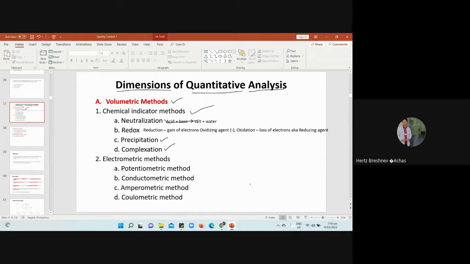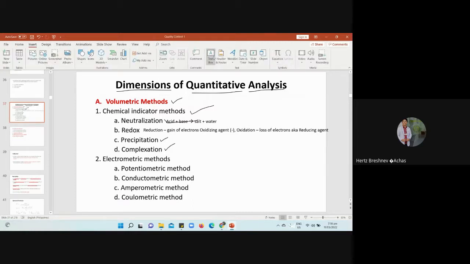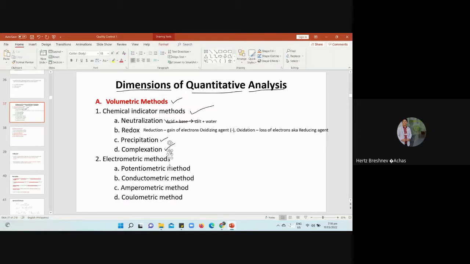Complexation involves the substance named EDTA. EDTA means ethylene diamine tetraacetic acid.